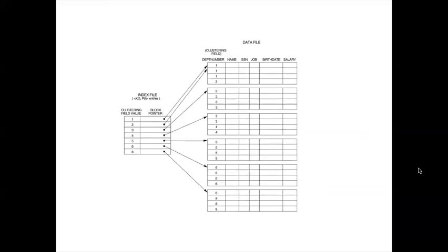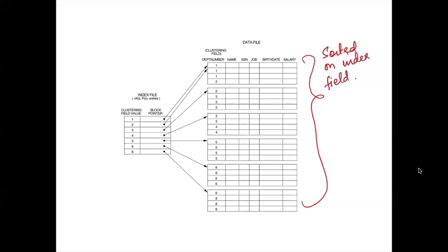If you look at this one, you can see the department number in the data file. It is sorted on the index field. And what is the index field? The index field is the department number.